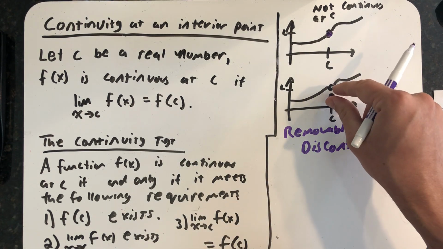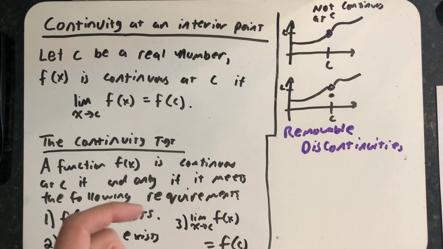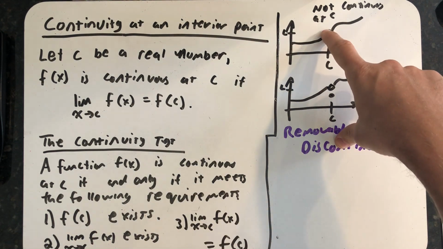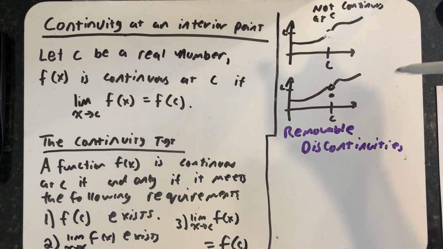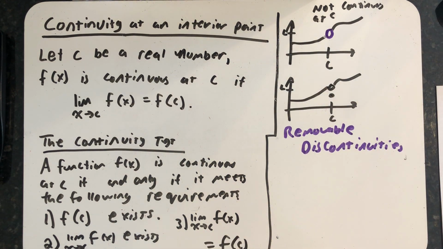In this function, I have to pick this piece up and put it where it should go to make it continuous, but I could remove the discontinuity. I actually prefer the term patchable discontinuity because that's really what I'm doing. These functions had holes in them. To make it a continuous function, I think about patching the hole.